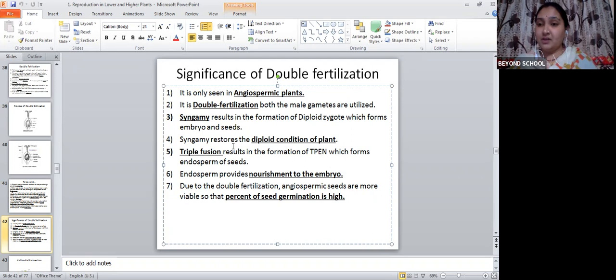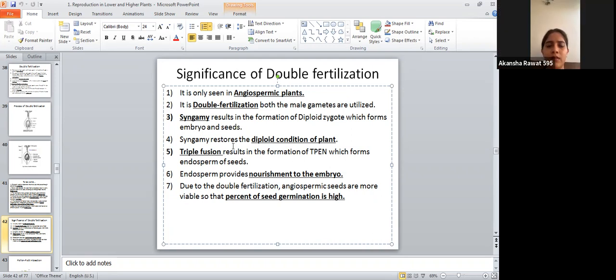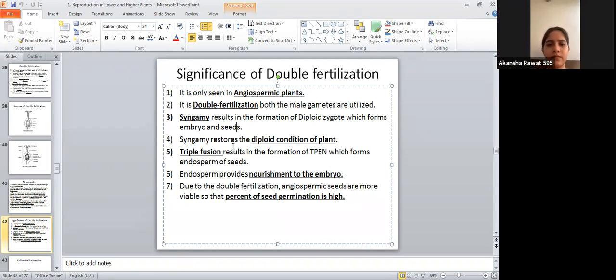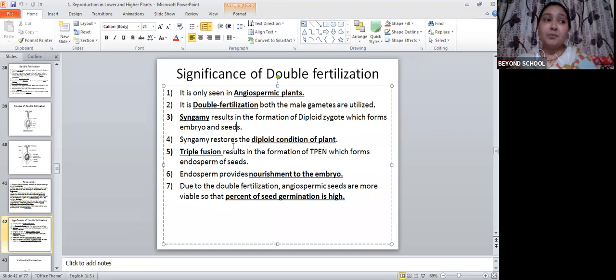In the same way, if I talk about, for example, a mango plant, which is very common, or a rose plant, right? If today I put a seed of a rose plant, after 1 or 2 weeks I am going to start seeing a little bit of growth in that rose plant.